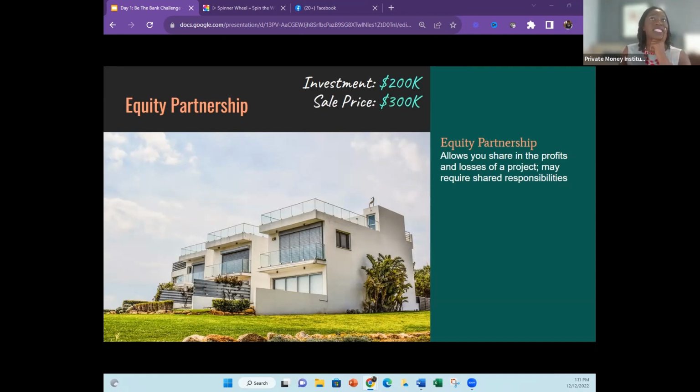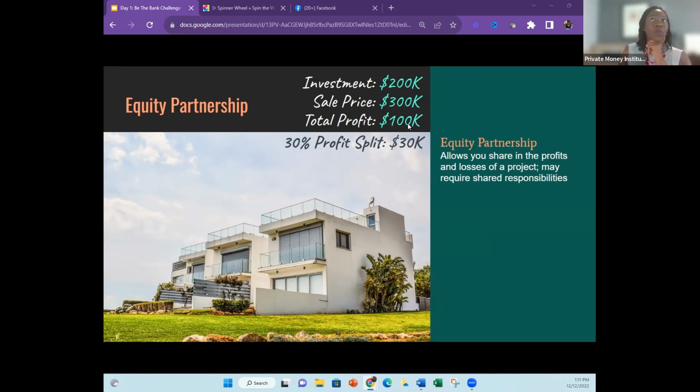So in this example, let's say we're going to contribute $200,000 in this investment. The investor is going to do their magic and end up selling the property for $300,000.